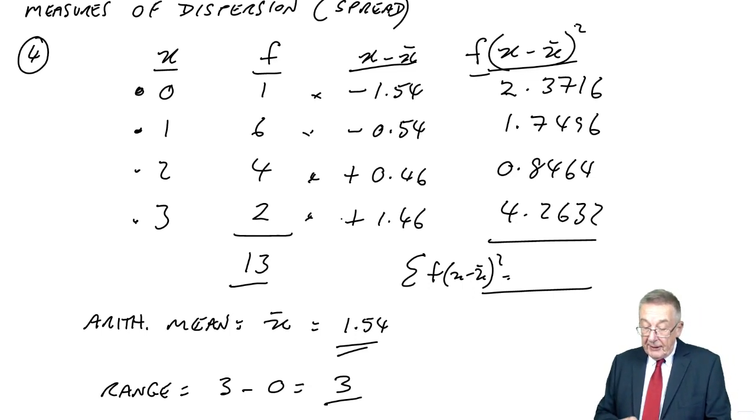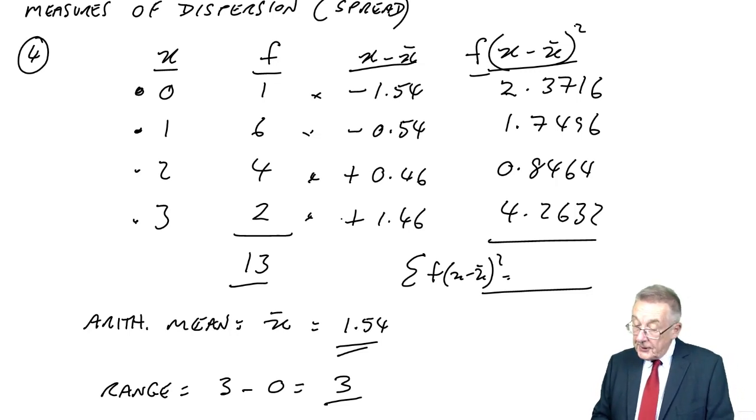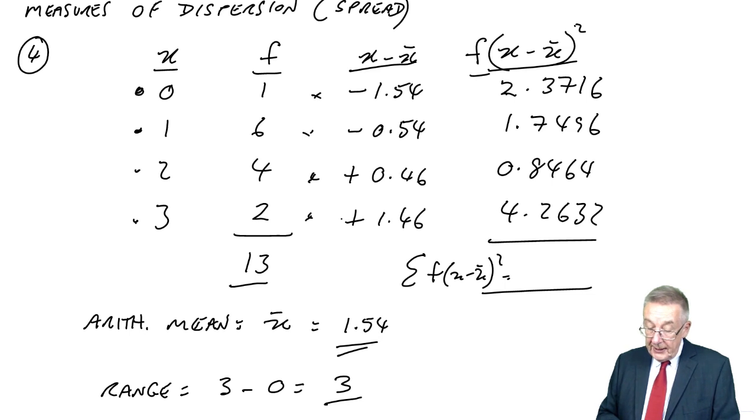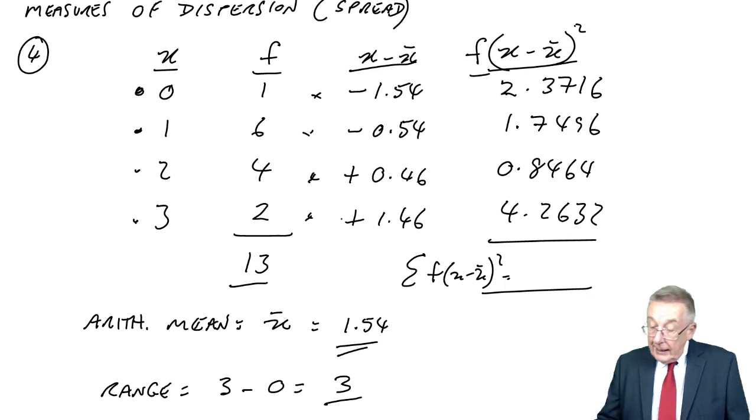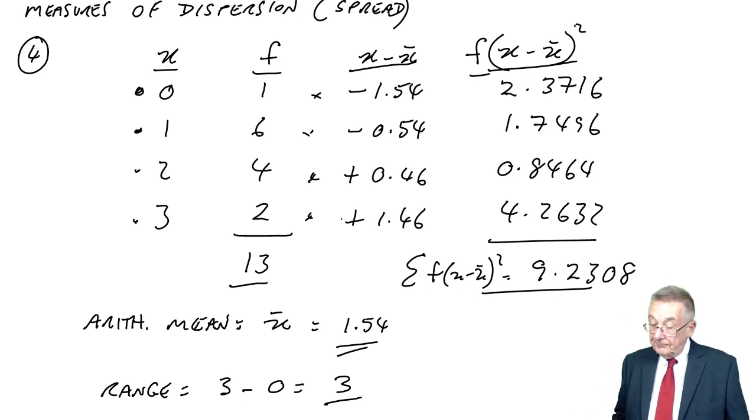So 2.3716 plus 1.7496 plus 0.8464 plus 4.2632. I get 9.2308.